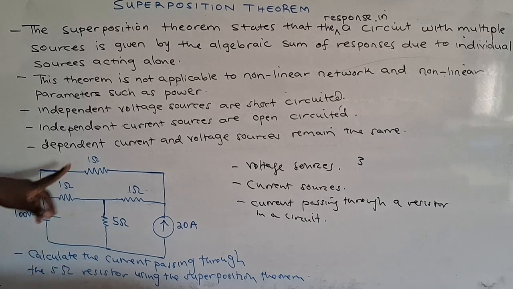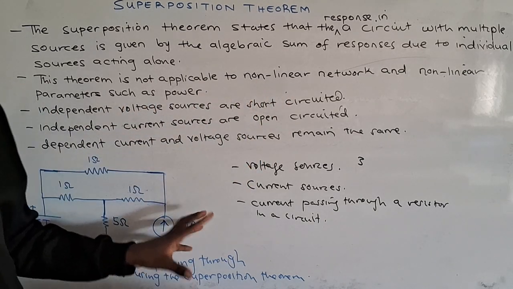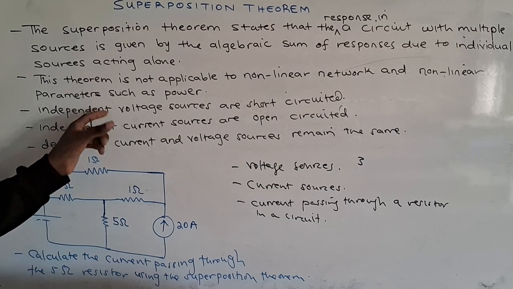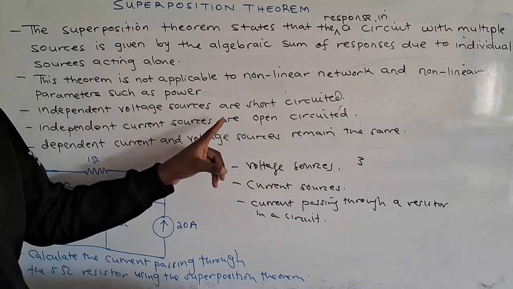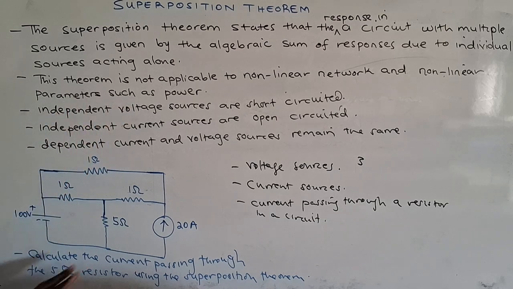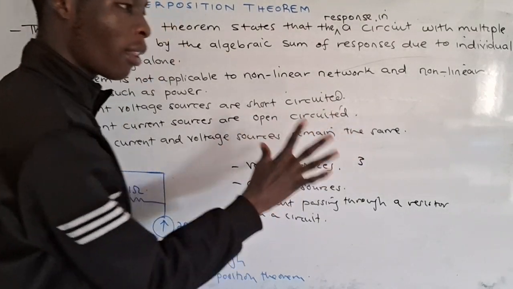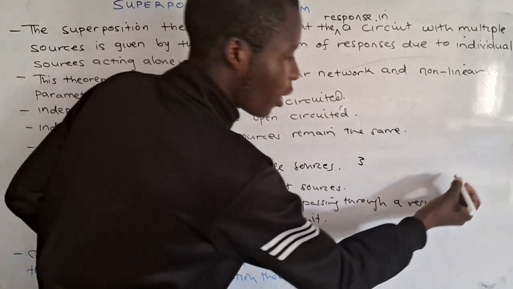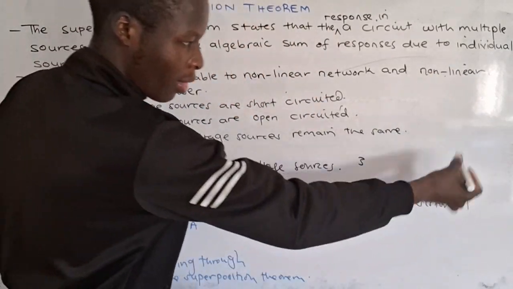Now, the voltage sources are short-circuited. This is how we are going to remove the independent voltage sources: we are going to short-circuit them. What is to short-circuit? To replace the voltage source with a wire, a path.